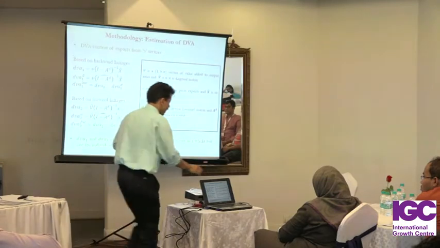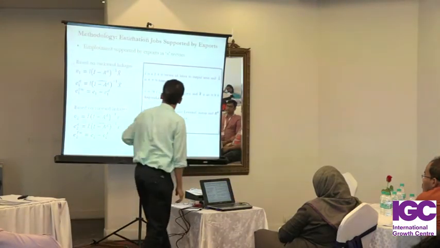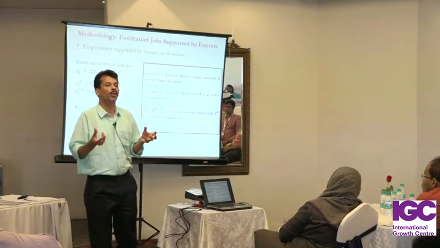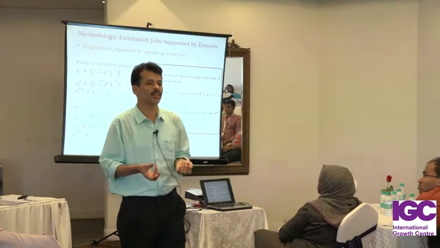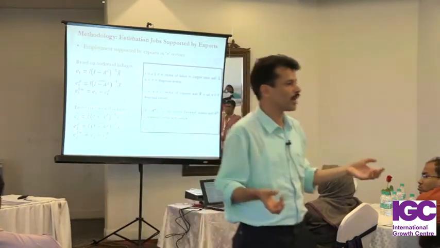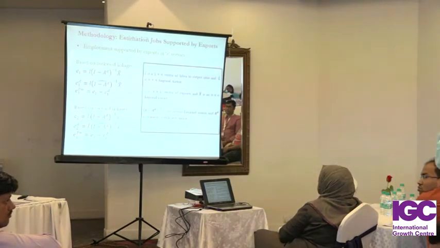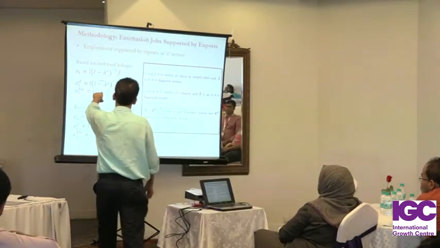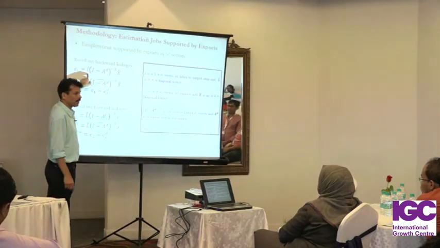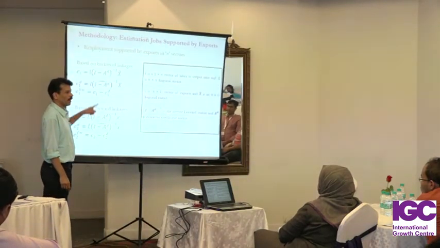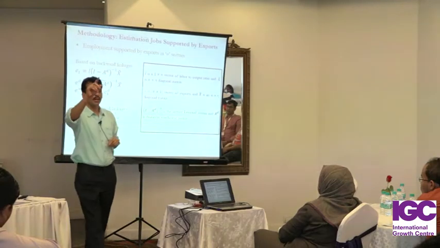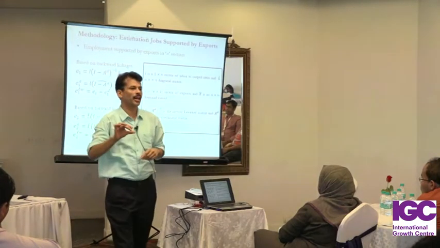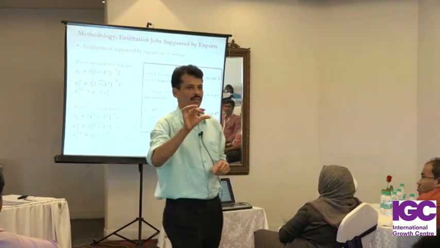Now, this is about domestic value addition. In the same way you can also estimate employment, how many jobs are created through backward and forward linkage, basically the same approach. The only difference is that instead of the small v that we used there, now we have a small l. What is small l? Small l is employment divided by output for different sectors.